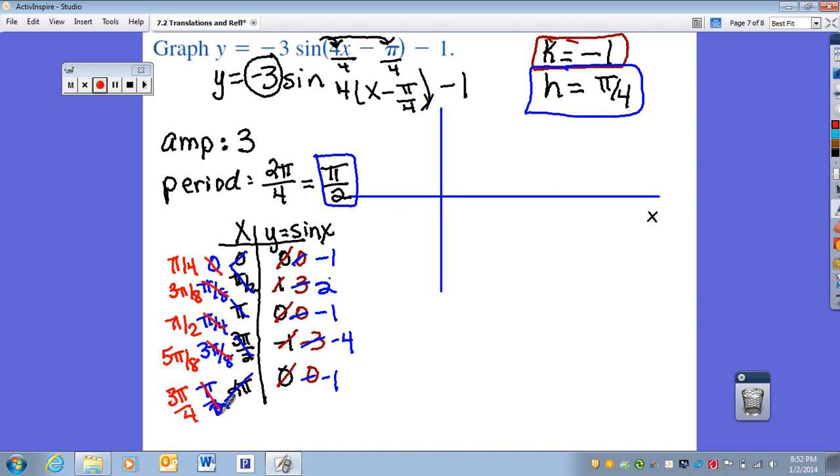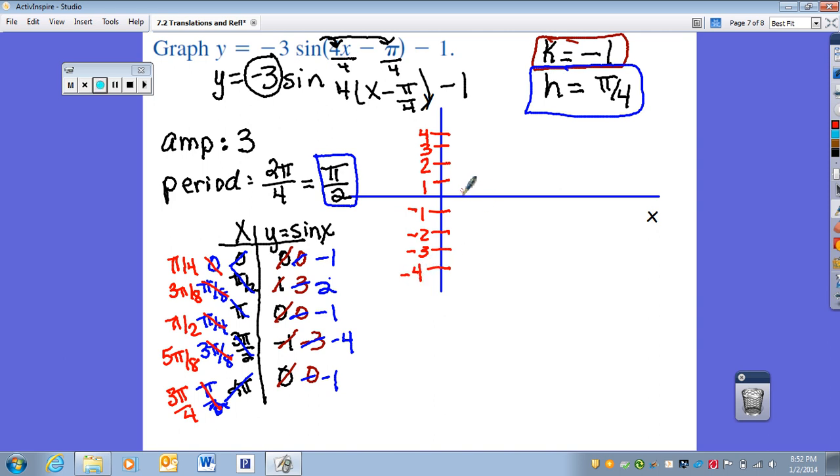All right. So we're going to set up our graph. So we are at 0, 1, 2, and negative 1, negative 2, negative 3, negative 4. Okay. Then we want to set up our x-axis, our horizontal axis.